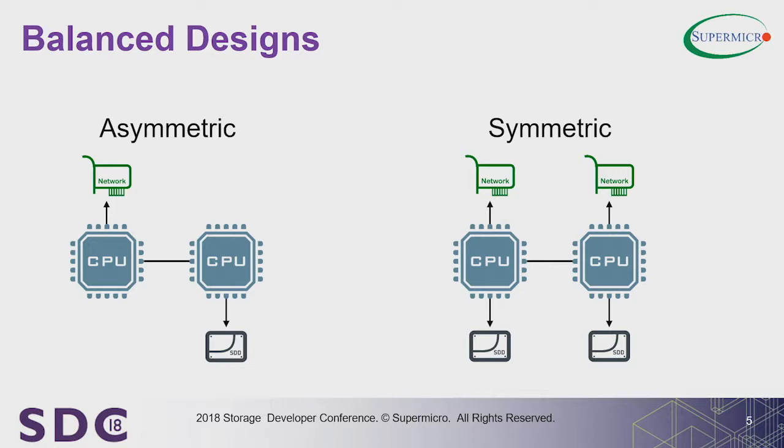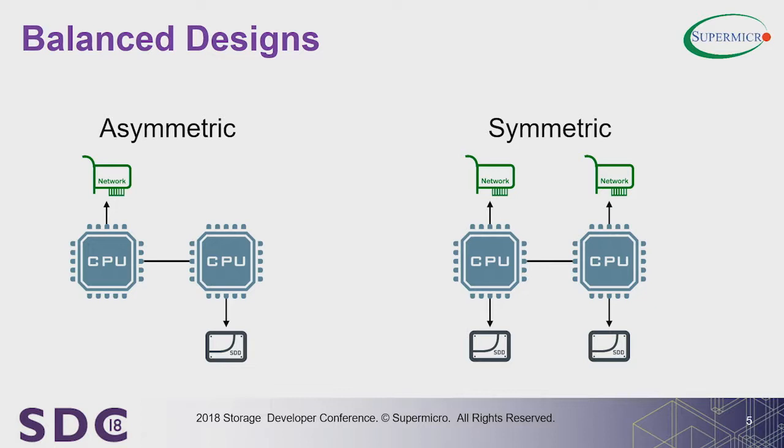But other people say, no, we need a symmetric design where the data flow comes in from the network, goes right through that CPU, and goes right to the solid-state drive. Why is that important? Because with an asymmetric design, your UPI bus becomes really, really critical. Now, granted, Intel's now come with 3 UPI buses, so that helps. They're getting faster.